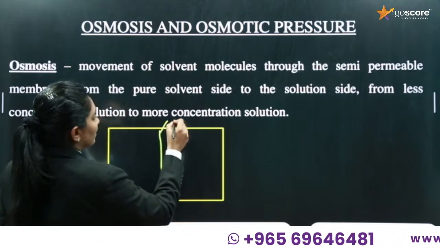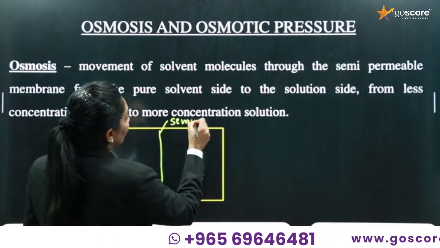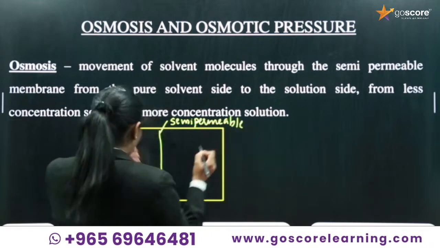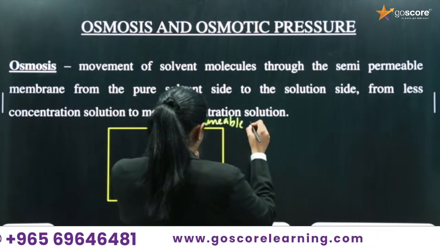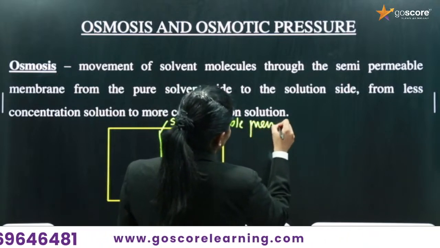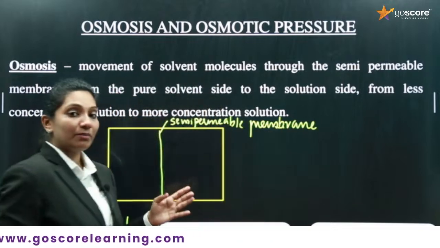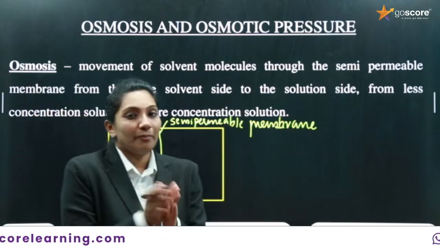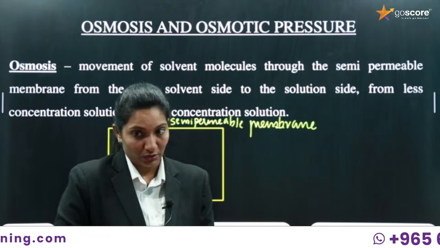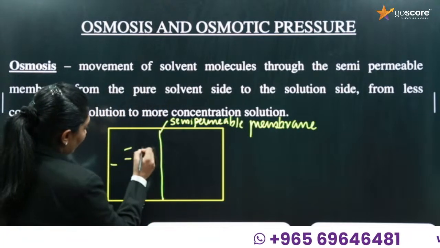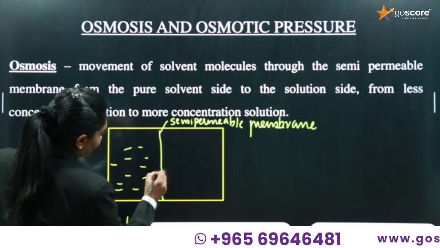This membrane is the semi-permeable membrane. What do you mean by semi-permeable membrane? Semi-permeable membrane means the membrane which allows the passage of selected particles only. Okay, the semi-permeable membrane. Here I have taken the pure water.